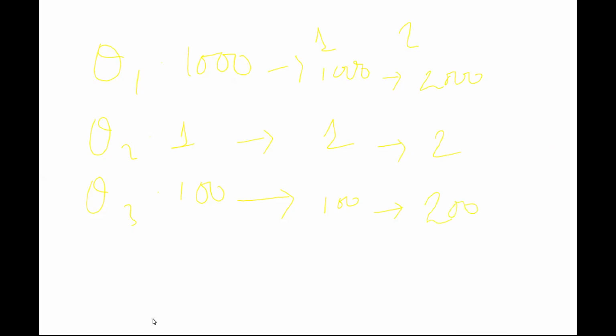So for this feature, if I write the difference between both theta values, this will result in a 1000 difference, this will result in just a single digit, and here 100. And we update theta in each iteration.